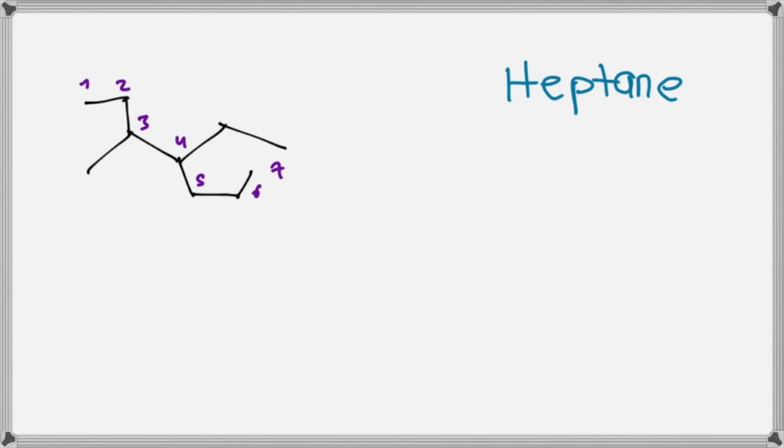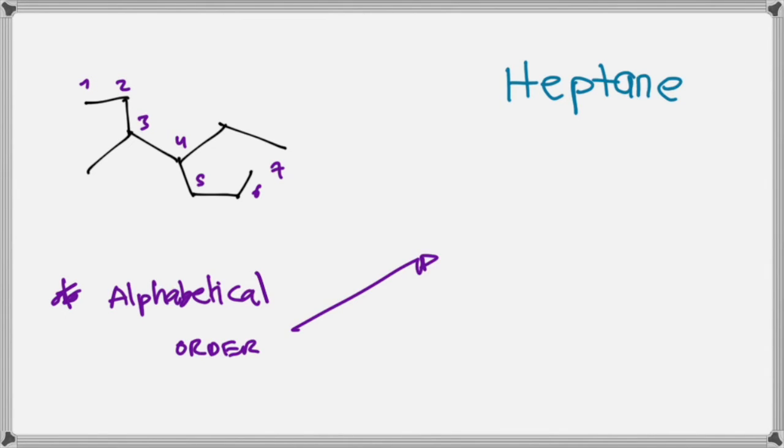It is important to remember that we always have to name the substituents in alphabetical order. So if we do that, we're going to have 3, sorry, this is not the color I want.